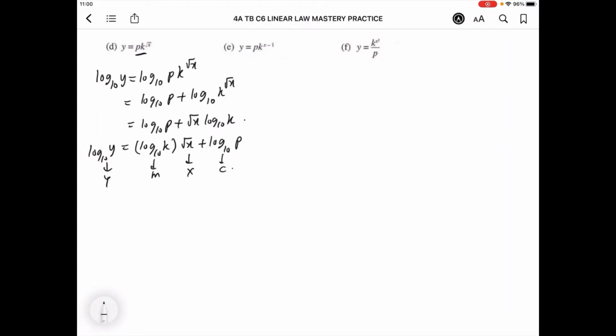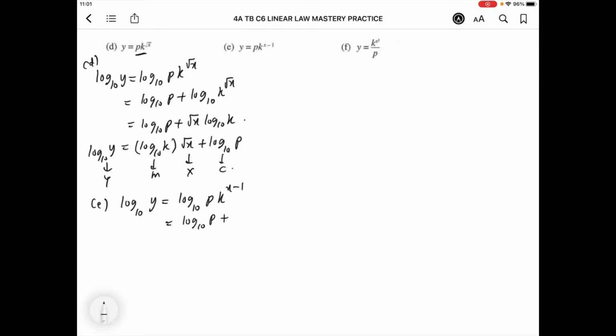Alright, so I'm going to do part E over here. This is part D, and part E is over here. Part E is rather similar to part D. We introduce log on both sides of the equation, log 10 of b k to the power x minus 1. It's rather similar because it's also multiplication and it's also to the power of x. So your x is the power now.